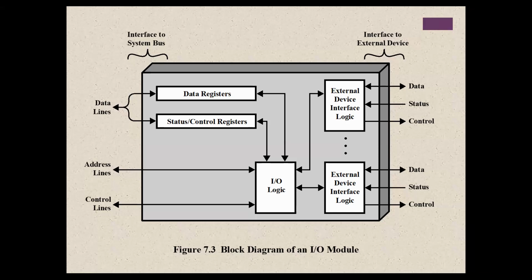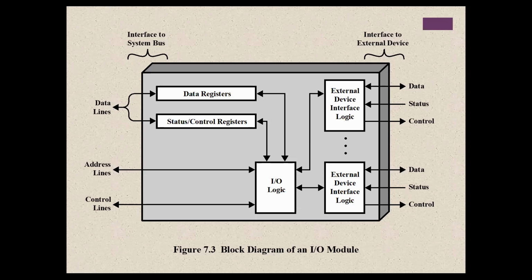The I/O module may hide the details with regards to the timing, the formats, and the electromechanics of an external device, so that the processor can function in terms of simple read and write commands, and possibly open and close file commands. In its simplest form, the I/O module may still leave much of the work of controlling a device. For example, rewind a tape that should be visible to the processor.